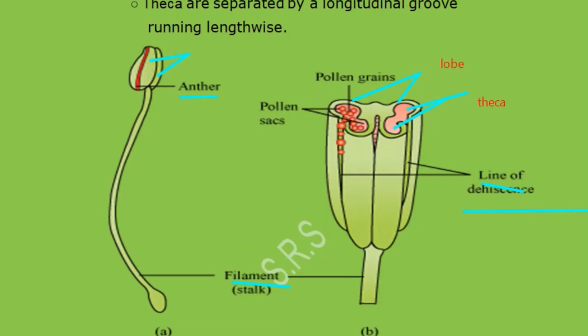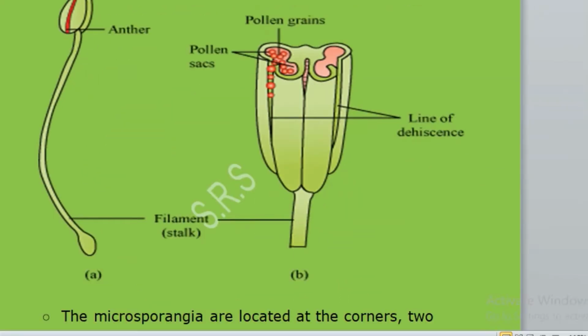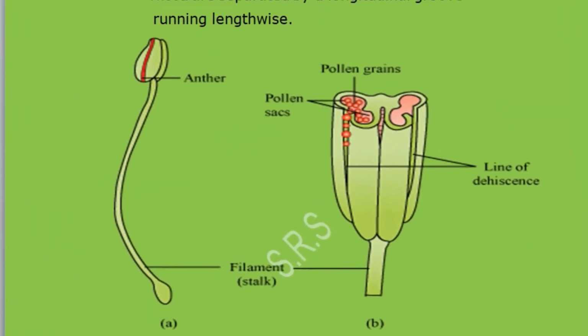Now the next term is pollen grain and pollen sac. What is the meaning of pollen grain and pollen sac? Sac means a chamber. So each theca forms sac-like structures, chambers.